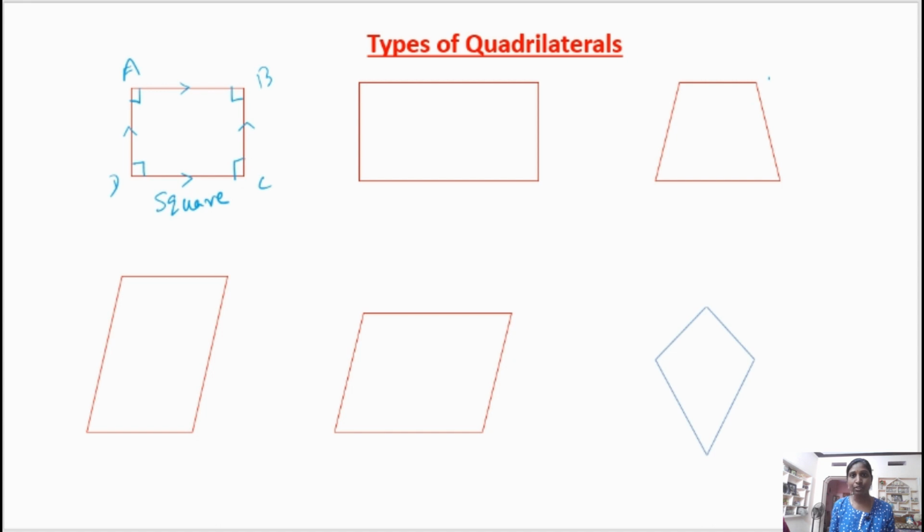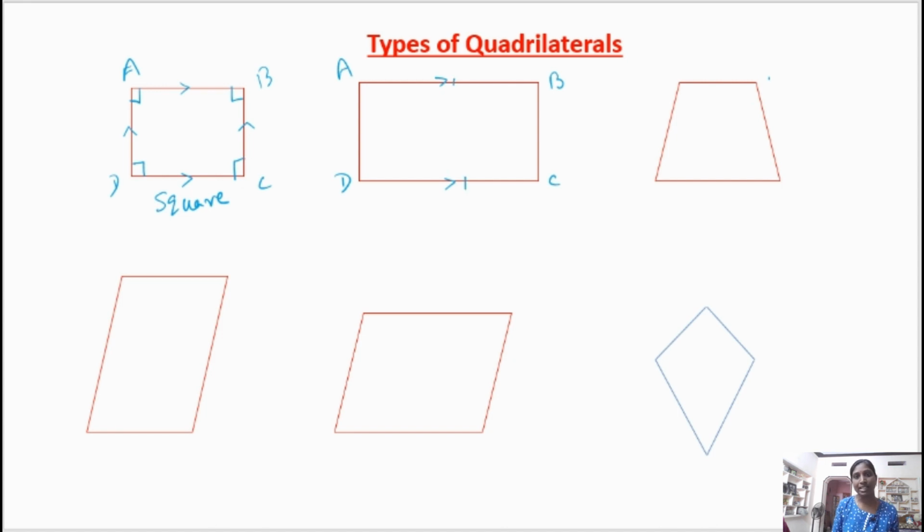It is also a quadrilateral because it has 4 sides. Here opposite sides are parallel, and opposite sides are equal also.